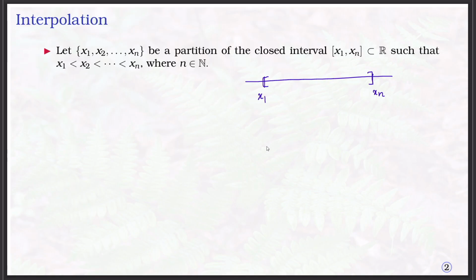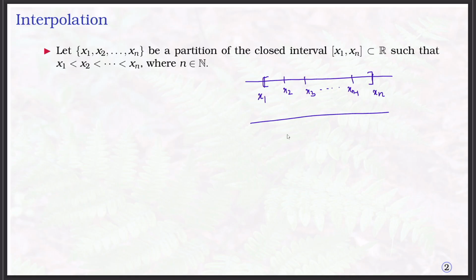There are different types of partitions available. So, the partition x1, x2, x3, ..., xn minus 1 is one type of partition, where the points are equally distributed, and the distance between any two points is equal.